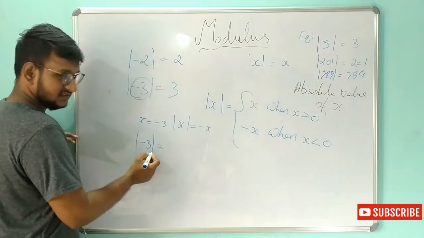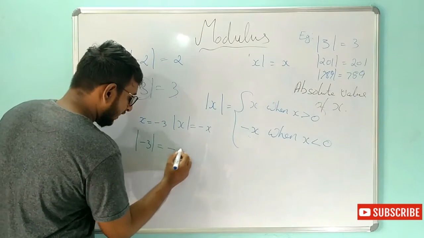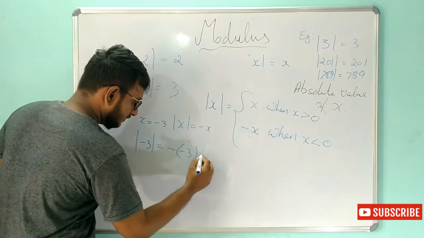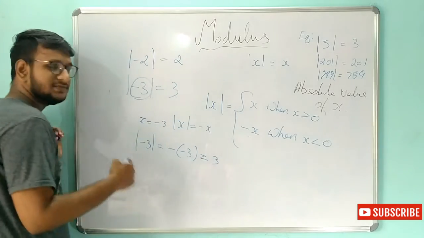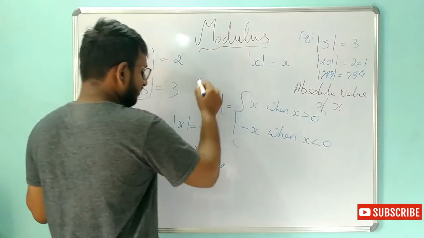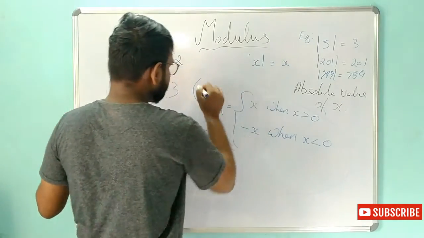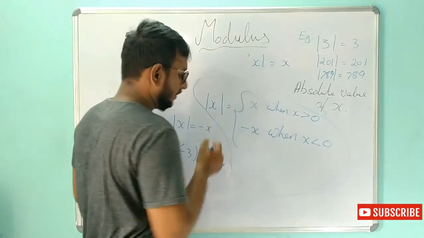Here minus 3 is lesser than 0, so we have to use minus of minus 3, and minus into minus is plus, so we get 3. So this is the actual equation or function to define modulus.